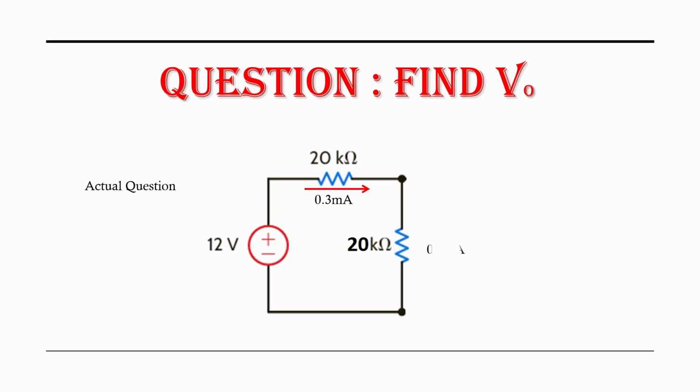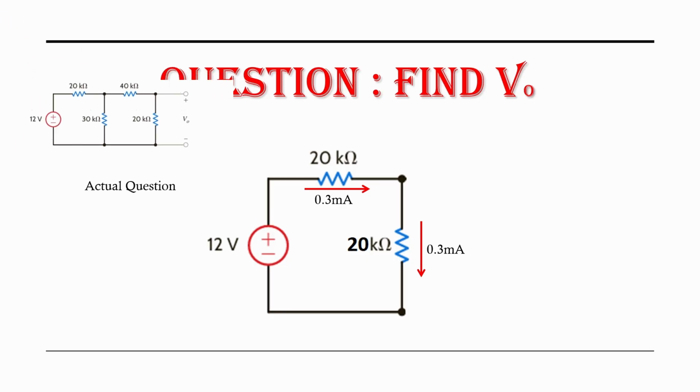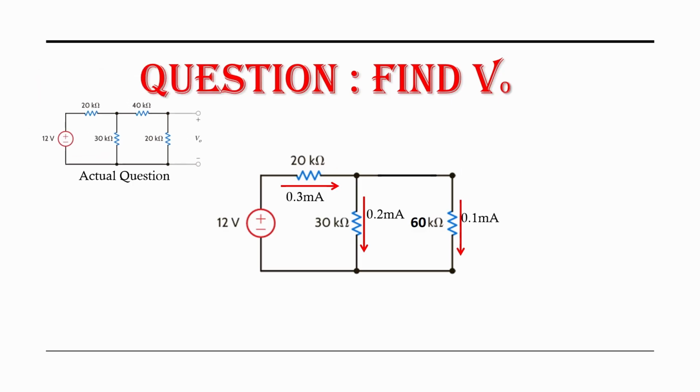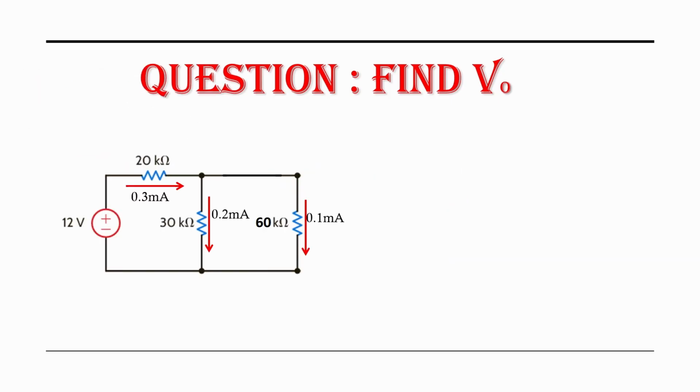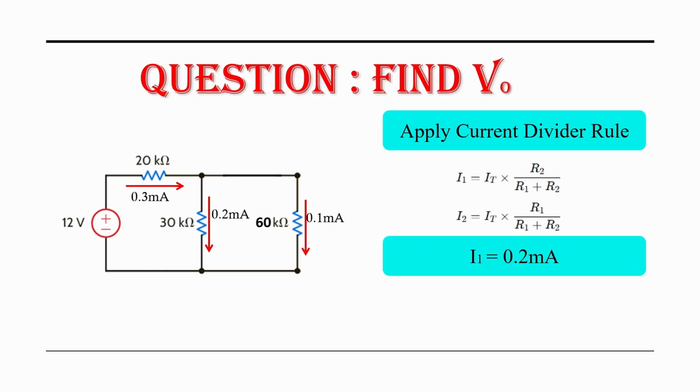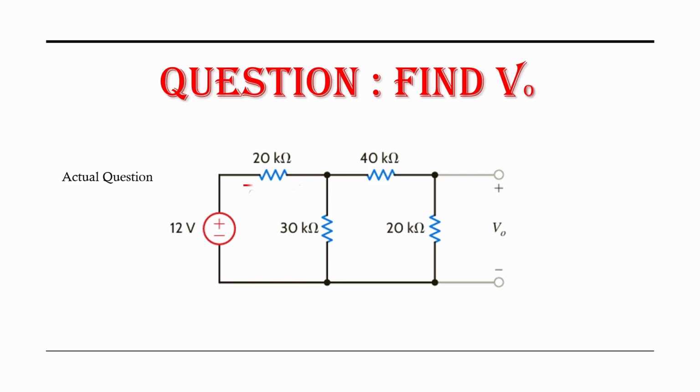In the final steps, we observe how the 0.3 milliamperes current divides through the branches. Applying the current divider rule, we find that 0.2 milliamperes flows through one branch and 0.1 milliamperes flows through the other. To finally find the output voltage, before we move forward, there are two fundamental golden rules you must always keep in mind when analyzing circuits.